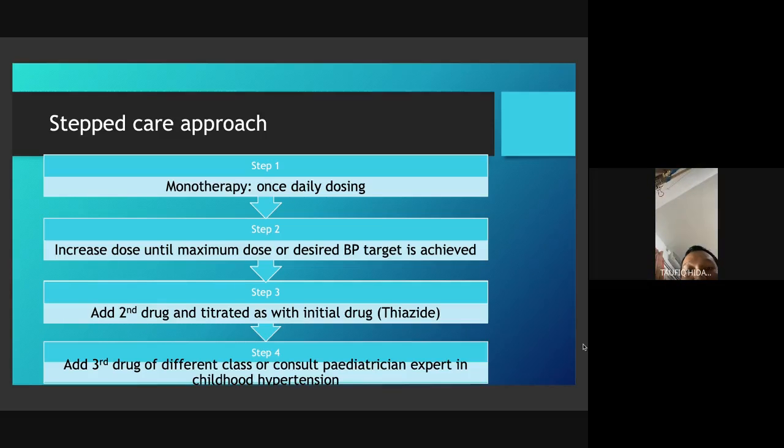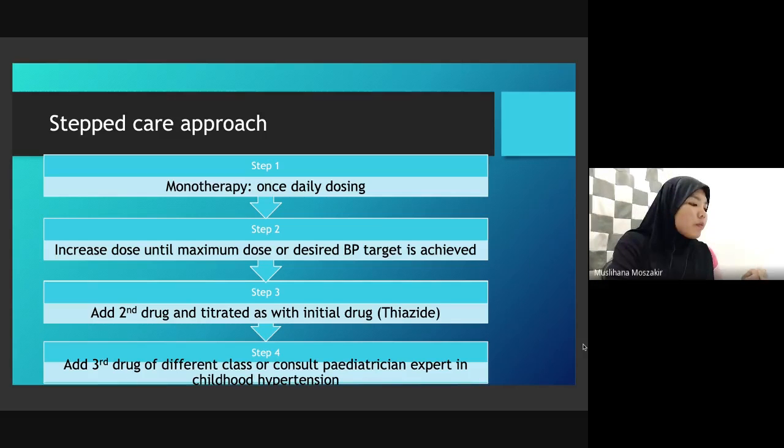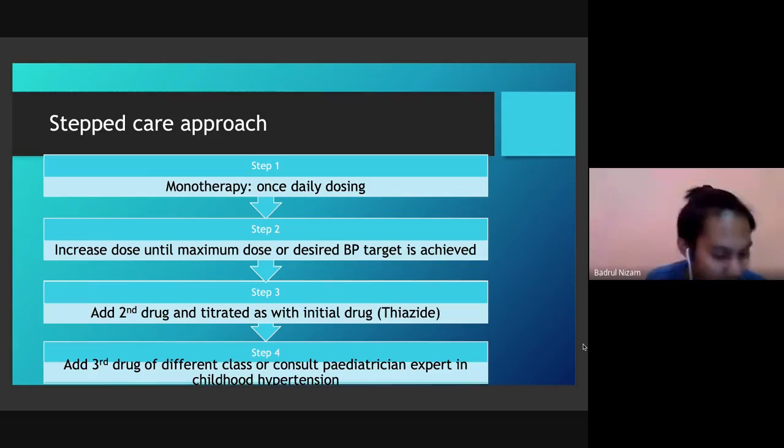Okay. Alright, any questions? Is the definition of a hypertensive crisis that you mentioned, 99th percentile plus 5 millimeters of mercury, the same as more than the 95th percentile plus 12 millimeters of mercury?